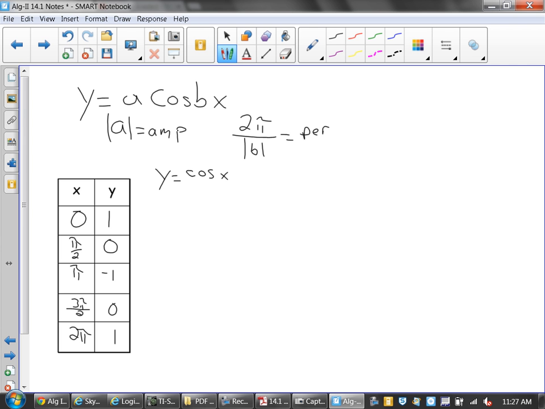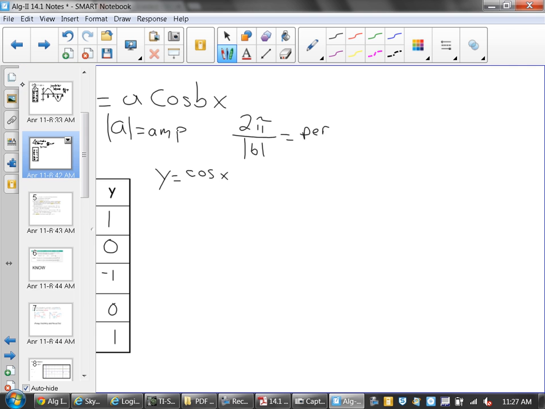As long as we understand how to identify our amplitude and our period, everything else falls into place. It is very easy to work with this once you're able to set up your amplitude and your period.